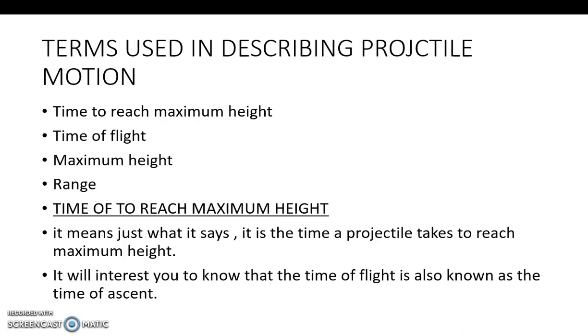It will interest you to know that the time to reach the maximum height is also known as the time of ascent. So please, it is the time to reach the maximum height. This is not time of flight as it is written here. It's also known as the time of ascent.